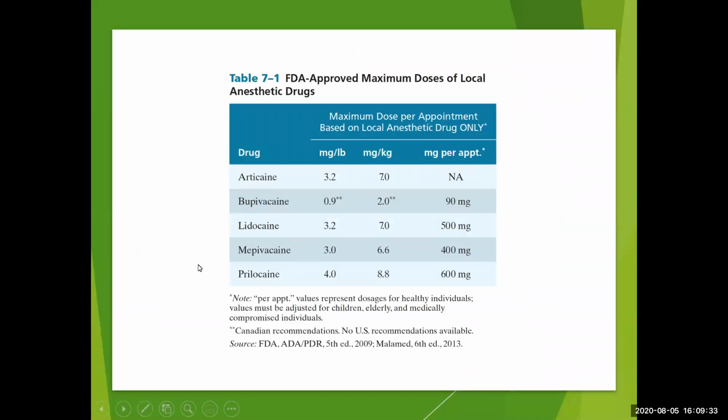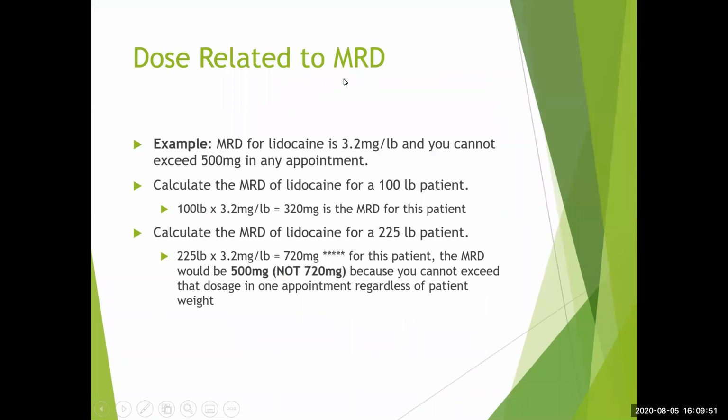Okay, so here's our chart again. So lidocaine, this is the most popular, so I always kind of tend to use this. But the MRD for lidocaine is 3.2 milligrams per pound. And then the maximum is 500 milligrams in any one appointment, no matter what the patient weighs. Okay, so example, the MRD for lidocaine is 3.2 milligrams per pound, and you cannot exceed 500 milligrams per appointment.